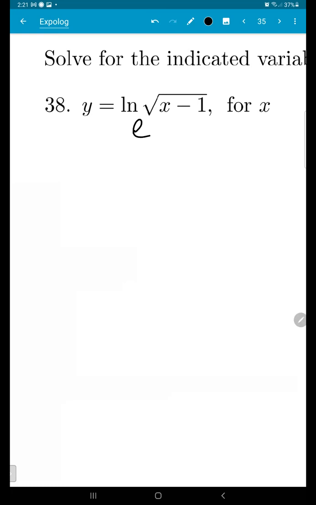Since the logarithm is on the right-hand side, we can draw arrows clockwise. So e to the y, we're converting now, equals square root of x minus 1.